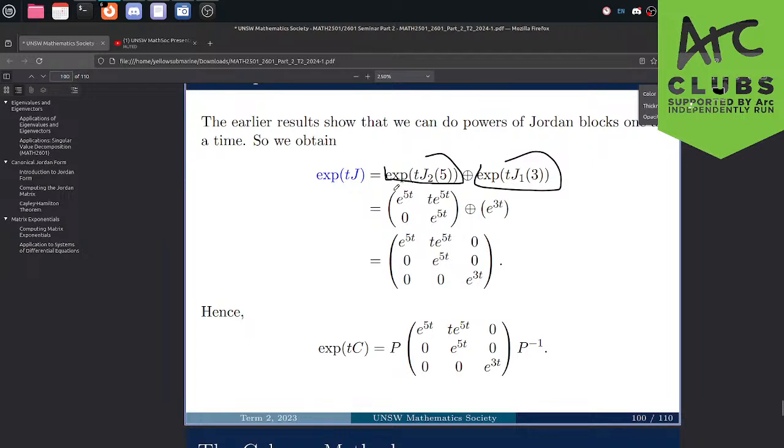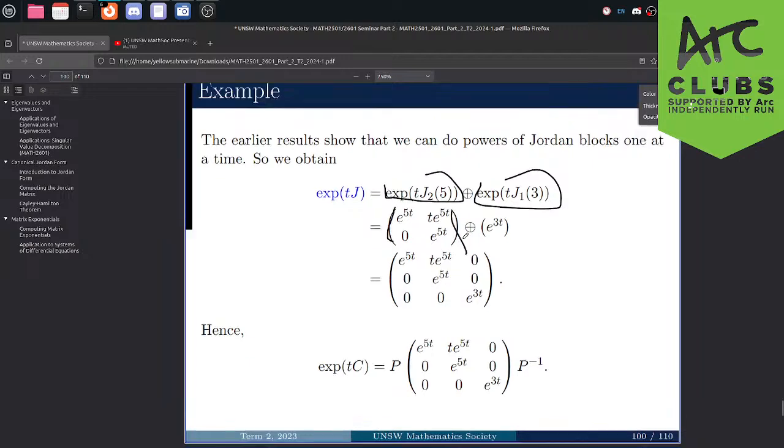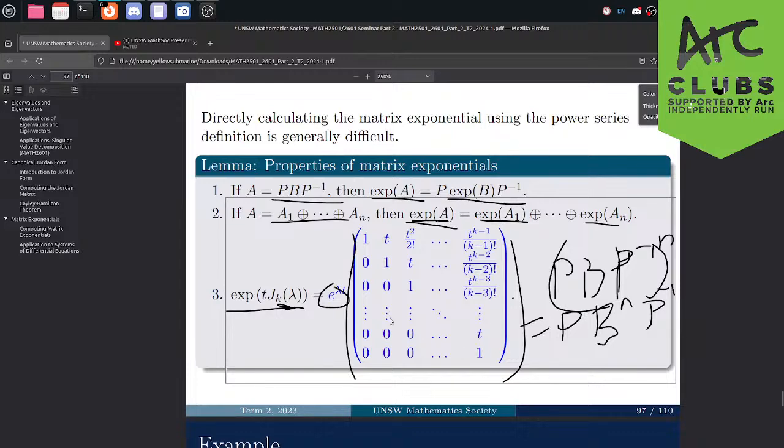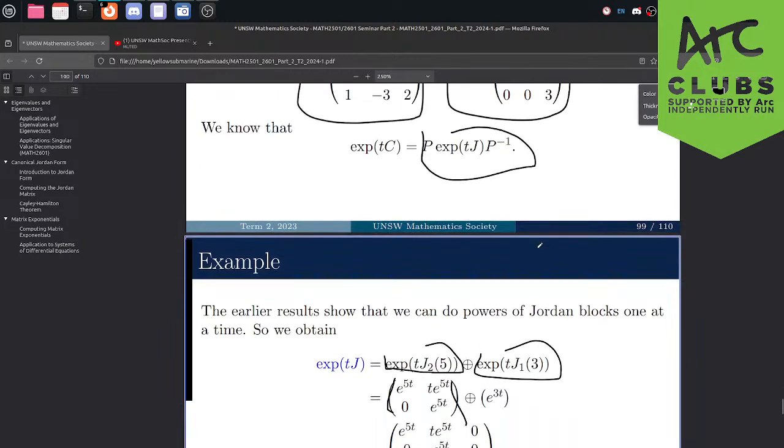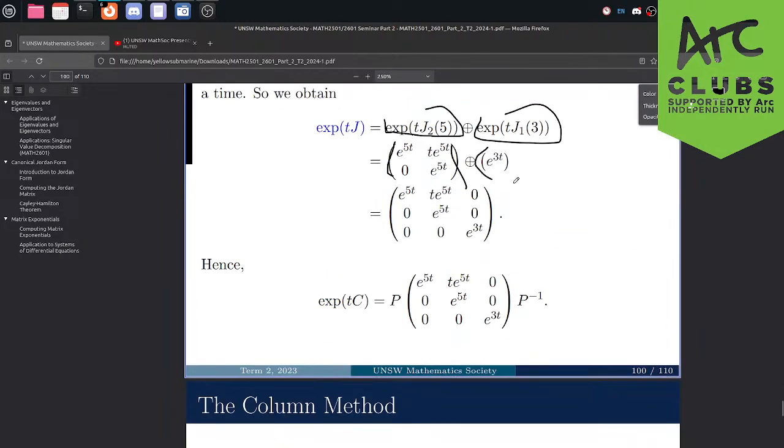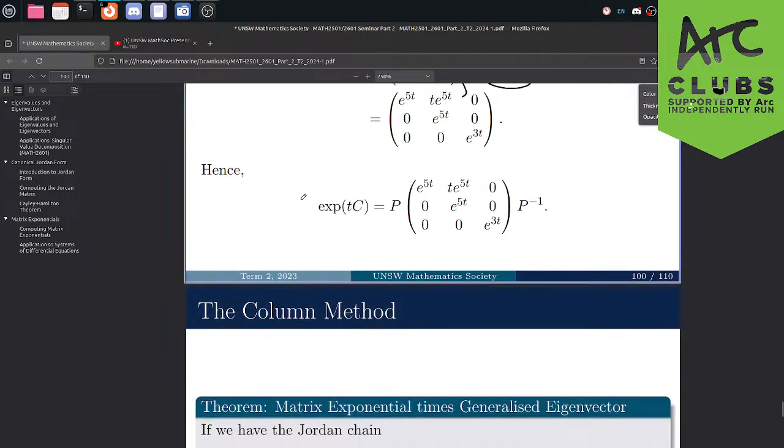So we apply the exponential to each of the Jordan forms using this bigger formula over here. Okay, and we direct sum with this one here. Notice the e to the 5t that was taken out and put back in. What it was originally is e to the 5t times 1, 1, t, 0, like that. Then you direct sum by putting them along the diagonals, and hence exp(tC) is equal to this. Cool.